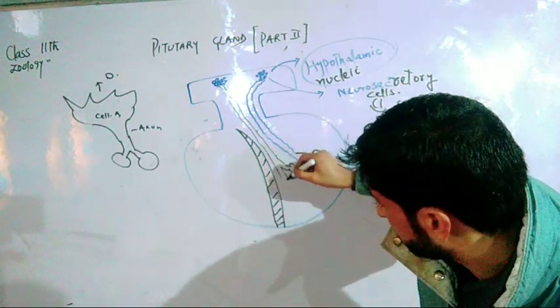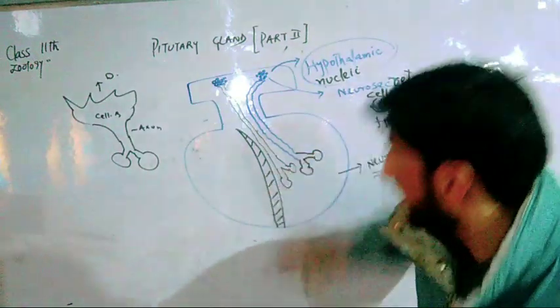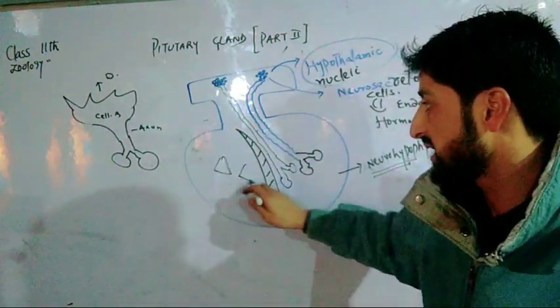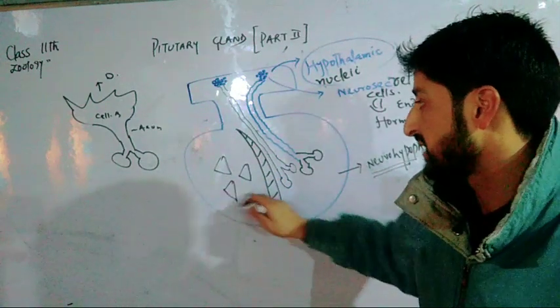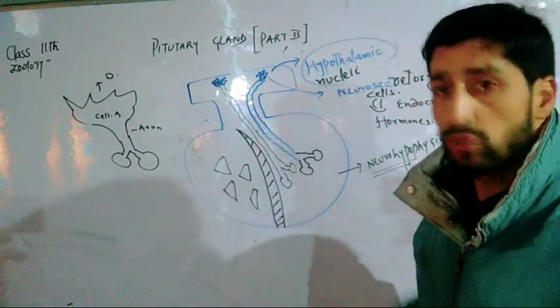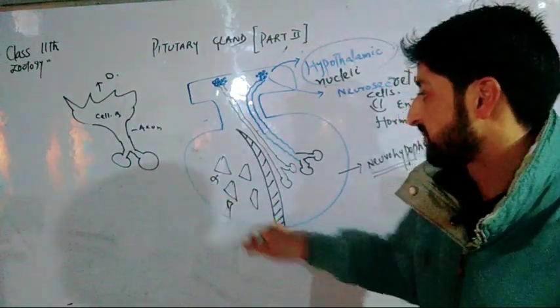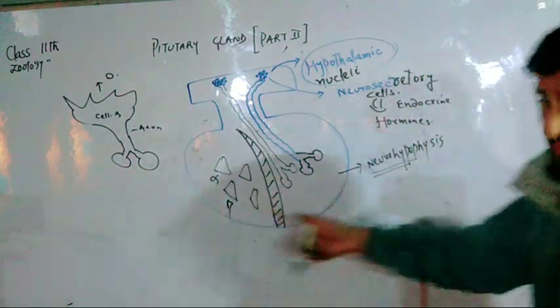Likewise, we have told that in the anterior lobe of the pituitary gland there are special types of cells known as chromophil cells. These include the alpha cells and the beta cells, discussed 5 minutes prior to this.